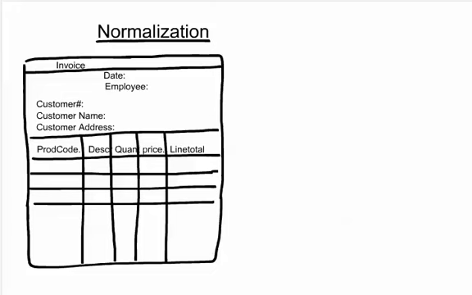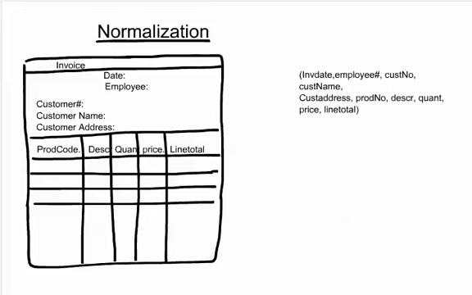Okay, so you will have the following. That is all the attributes that we see on this invoice document. You don't have to give it a name yet. We're going to decide on the name just now. As you see the attributes listed there, this is actually zero normal form because there are still repeating groups.